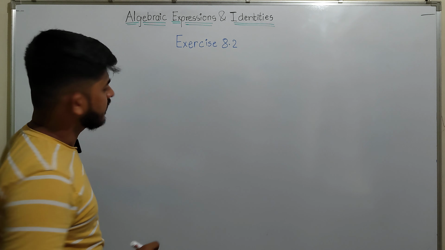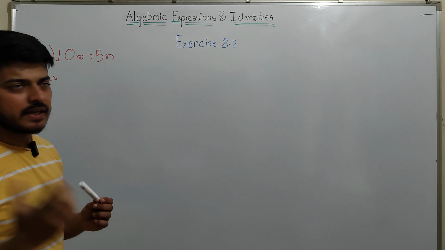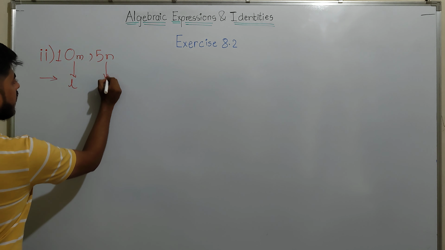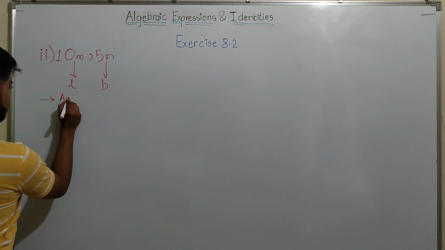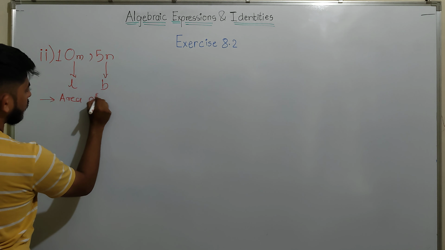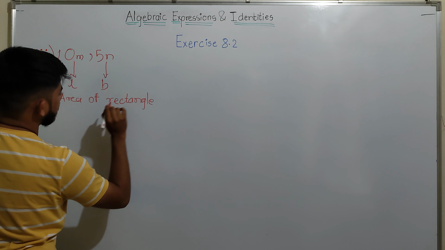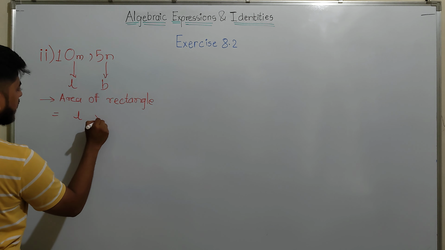Am I right? Yes. So in the question they have mentioned lengths and breadths respectively. So area of rectangle is equal to length into breadth. First write the formula.